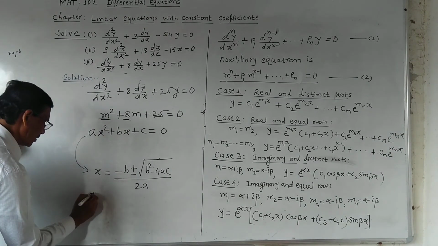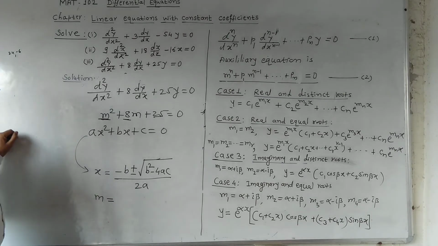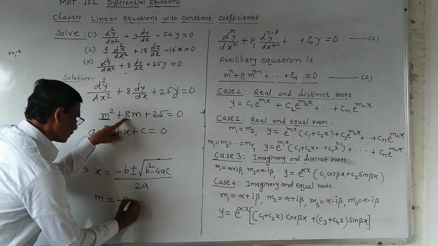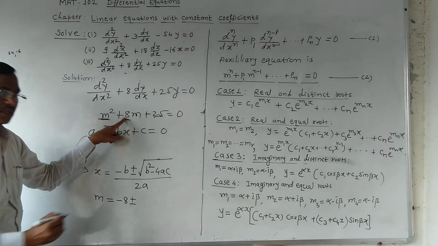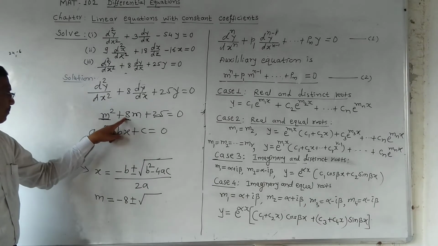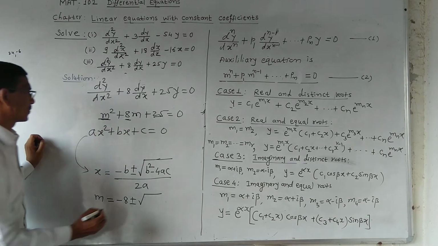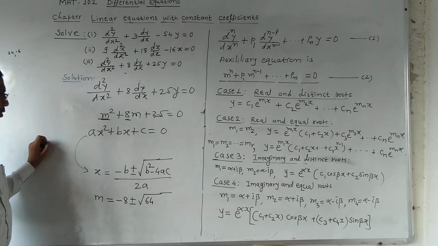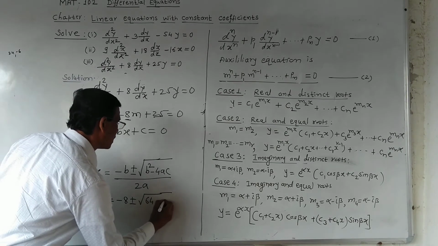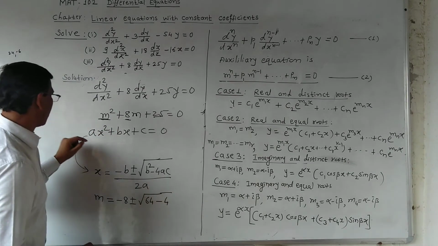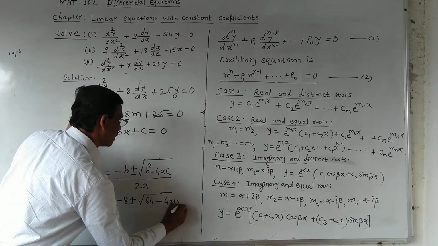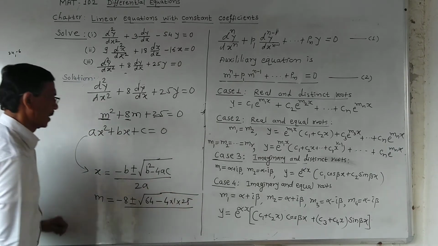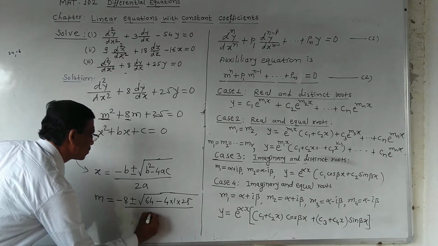Now put these values here. Here m is equals to minus b. Minus b means minus 8 plus or minus square root of b square. B square means 8 square. 8 square is 64 minus 4a. A is 1 into c. C is 25, upon 2a. A is 1, that means 2.